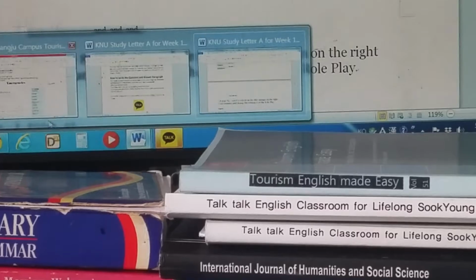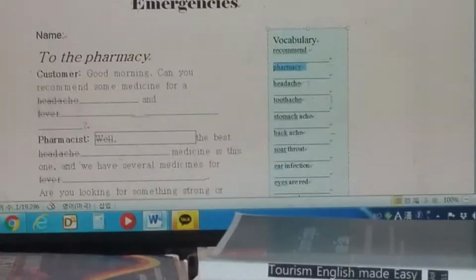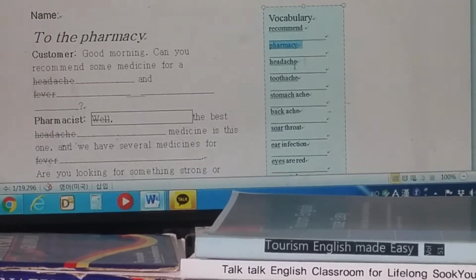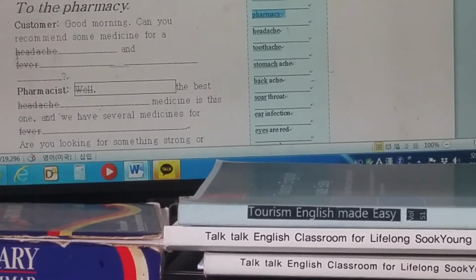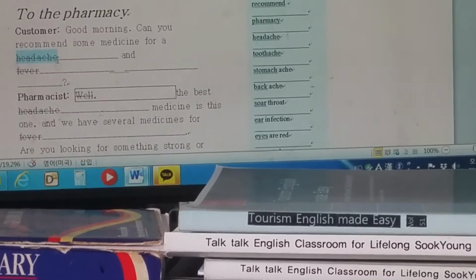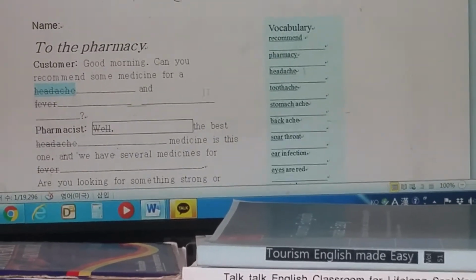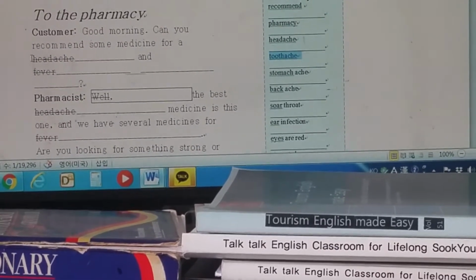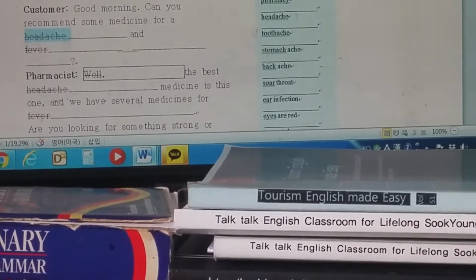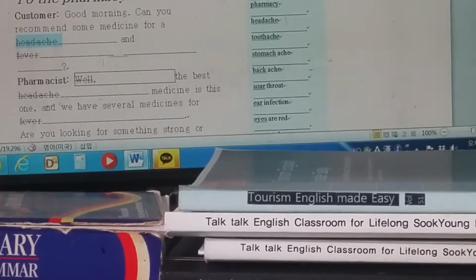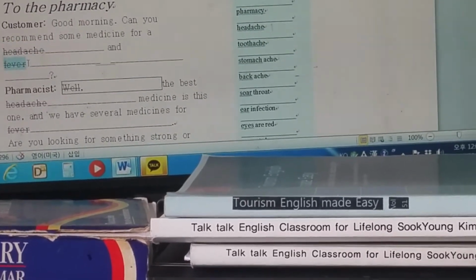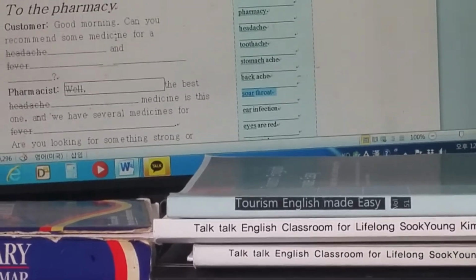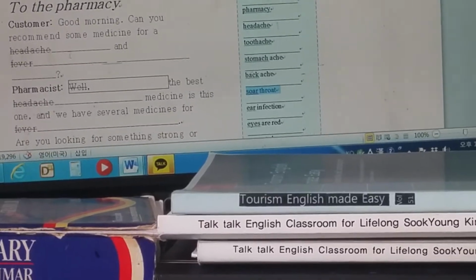Select from this margin here, any word, and substitute, let's say, headache, no, because here is headache. See, here in the role play, headache. You don't want that. You want to use, let's say, toothache. Toothache over here, and you put toothache into headache. Put it there. Change it. Fever, no. I have a sore throat. I have a toothache and a sore throat.